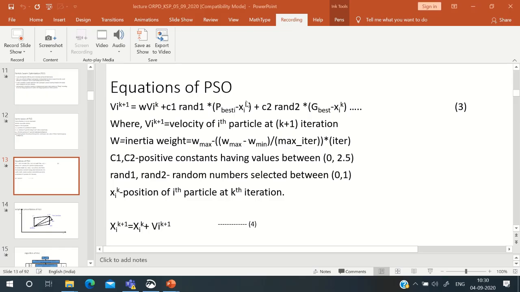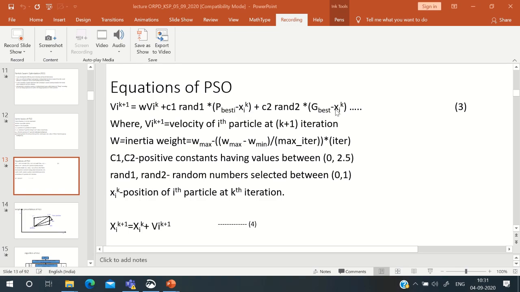Now, let us see these equations, V i k plus 1. See the second term. What is this concept? We subtract the current position of the particle from the personal best position of that particle. It means the particle will try to follow its personal best position ever obtained till this iteration.